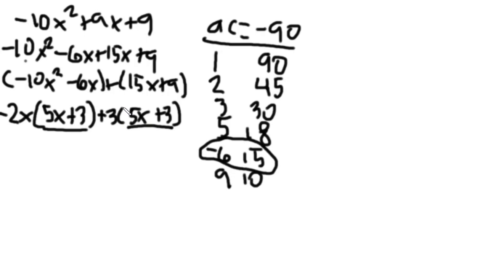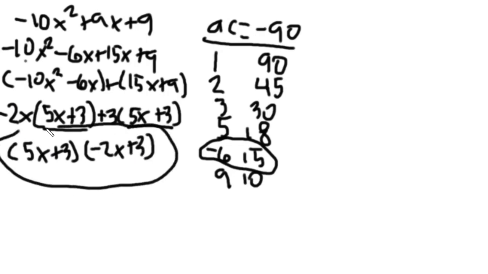That means we have done this correctly. So I'm going to pull the 5x plus 3 out of the expression, factoring it out, and I'm left with a negative 2x and a plus 3. So these are my two factors, and this is my answer.